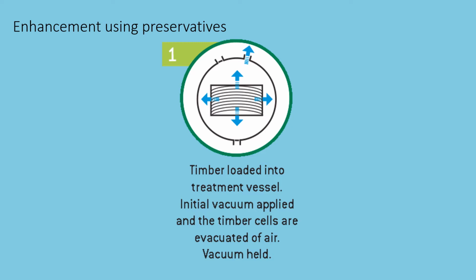All that means is the timber is put into a giant cylindrical tank, and the initial vacuum draws the air out from inside the timber cells and is held in position. Essentially, the timber is empty of air.